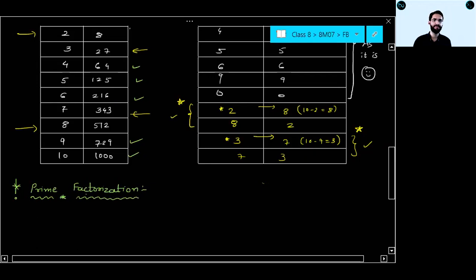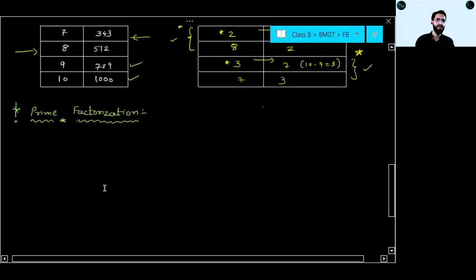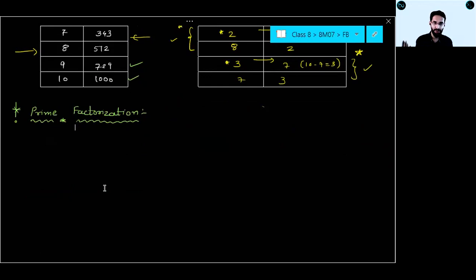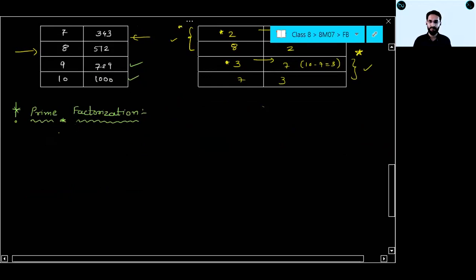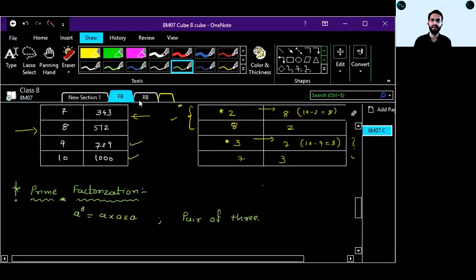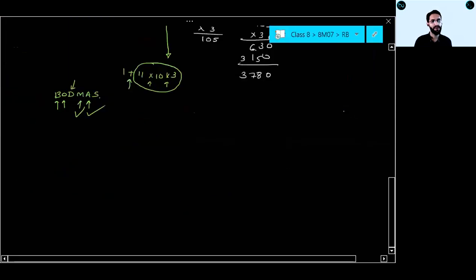Here we will have groups of 3, because it is a cube. That is new here, nothing else. So if all the prime factors are in groups of 3, then I can say yes, it is a perfect cube. If not, it is not.